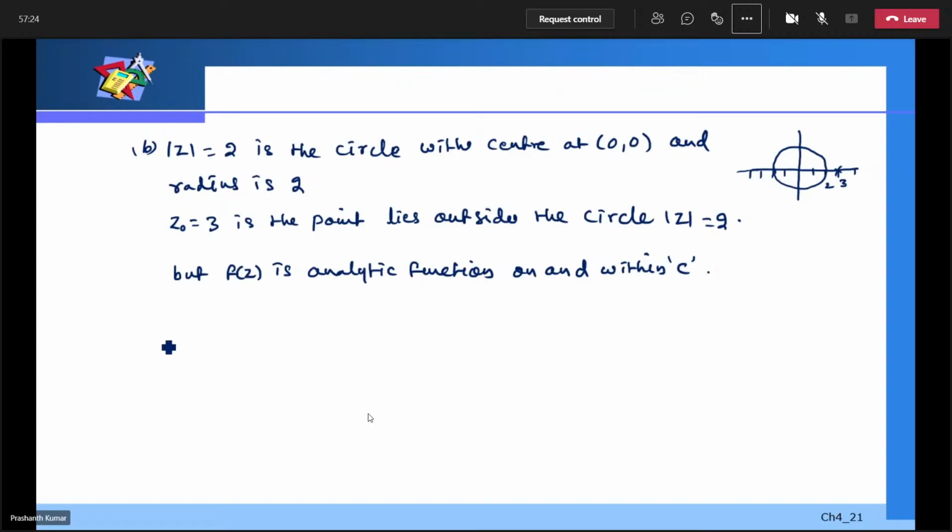Hence by Cauchy's integral formula, the integral over C of z square plus 4 by z minus 3 dz is equal to 0. This is the answer.